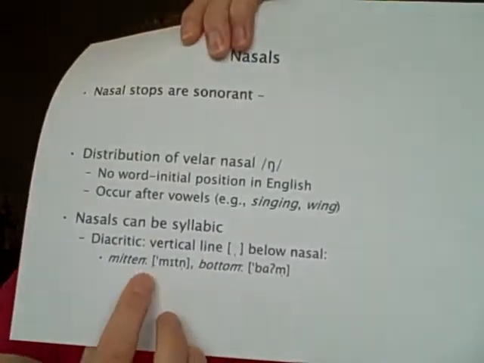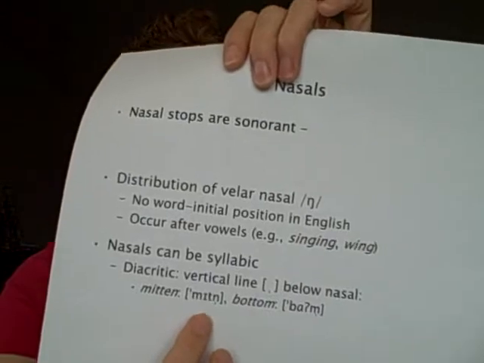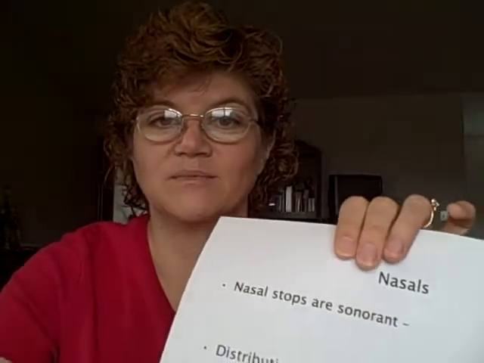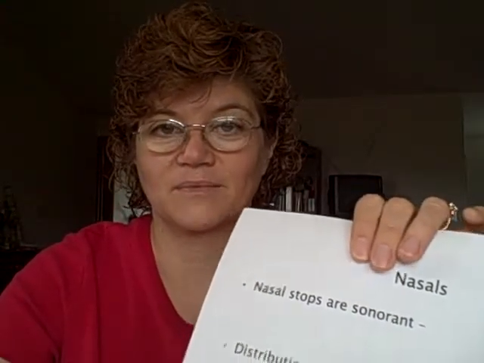Nasals can be syllabic. When you are doing that with diacritic marks, you actually put a little comma or a dash underneath the nasal when that happens. So mitten, that nasal becomes a syllable. Mitten.